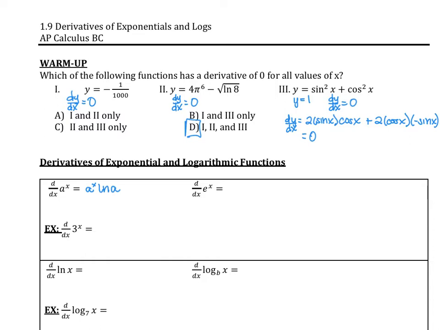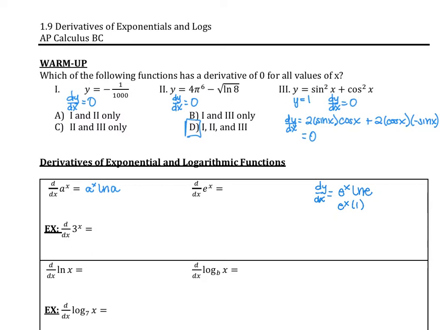So when I take the derivative with respect to x of this, I get e to the x natural log e, using the rule that we just wrote. Well, let's simplify that, because what is natural log of e? The natural log of e is 1, so really this is e to the x times 1, so the derivative of e to the x is e to the x.